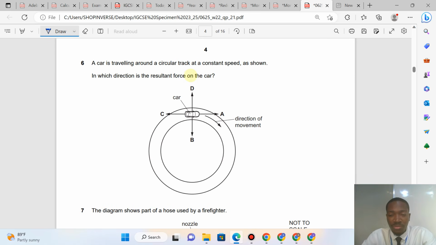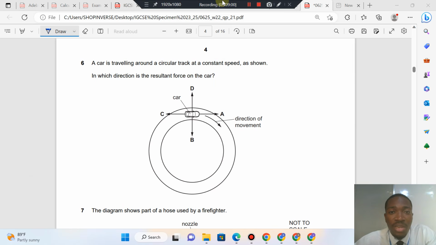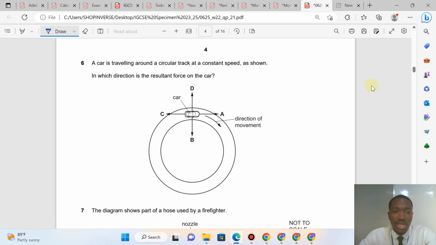Question 6. A car is traveling around a circular track at a constant speed as shown. In which direction is the resultant force on the car? When a car is traveling around a circular path, there will be an outward force which we call the centrifugal force. So we need an inward force to balance it.